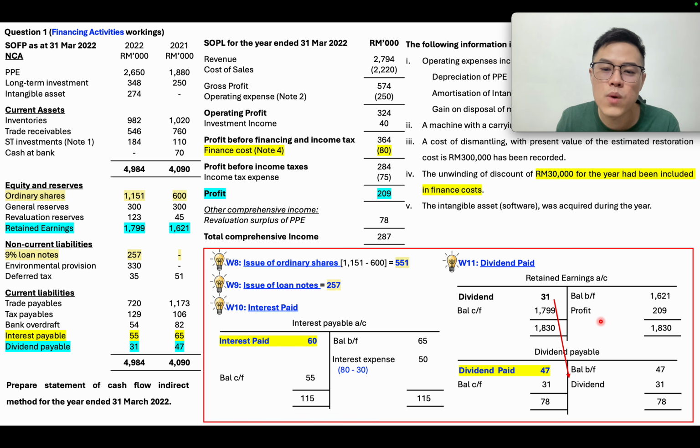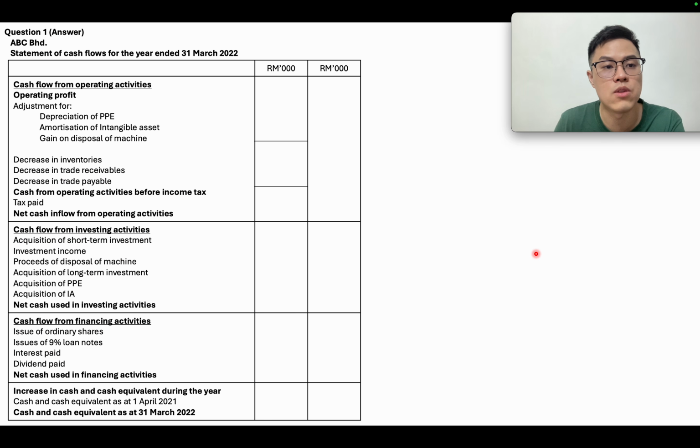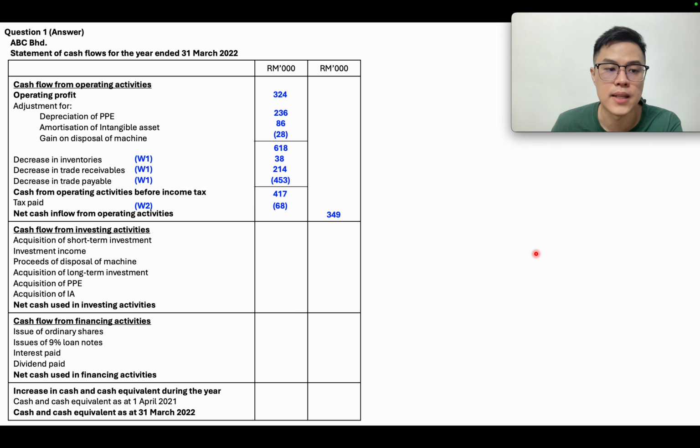So with all these 11 working that we have well prepared, we will need to transfer into our cash flow statement. And this cash flow statement, we will start off with our operating profit, adjust with the non-cash item, minus or plus any changes in working capitals, and we only minus tax paid, then you will get the net cash from operating.